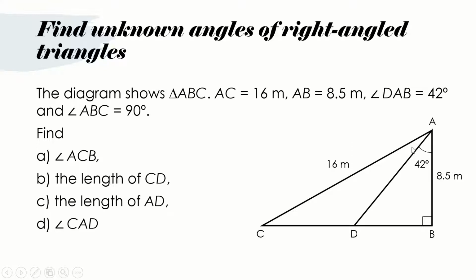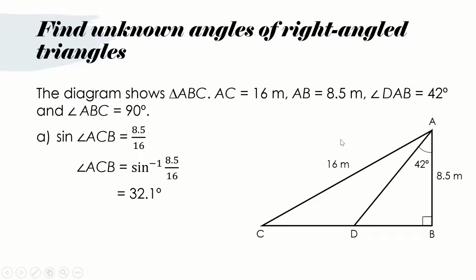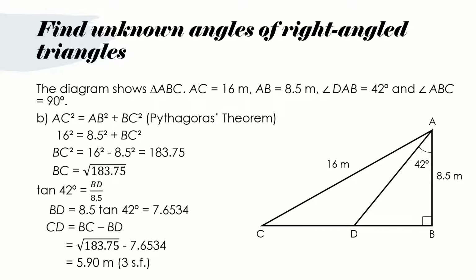So it's here. Right, to find part A, sine ACB equals to 8.5, which is opposite of this angle ACB, out of 16. Opposite out of hypotenuse. So angle ACB will be equals to sine inverse 8.5 out of 16 and you get 32.1 degree. Okay, part B, you got to use the Pythagoras theorem.